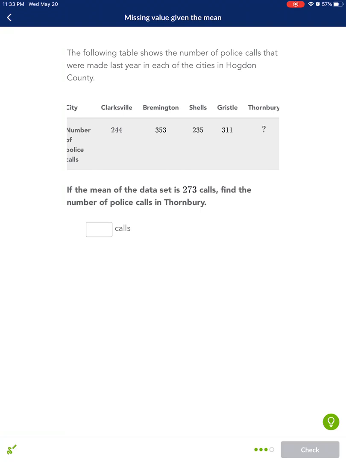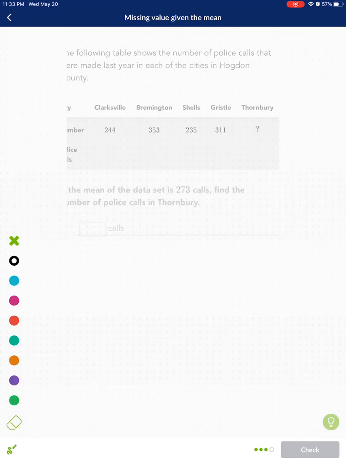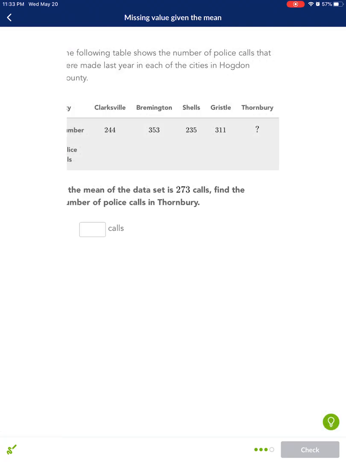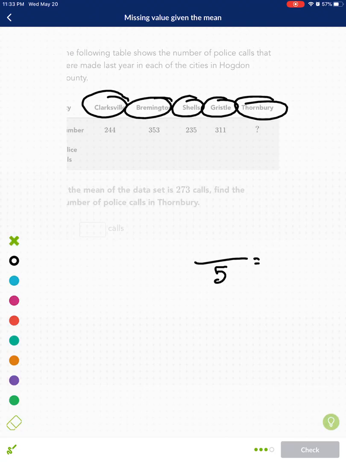All right, so again, we have, oops, gotta grab the pen. We have 1, 2, 3, 4, 5 cities. All right, so 5. We know that there are 273 calls on average. Now we're looking for this number. So to find that number, you've got to do the inverse operation.